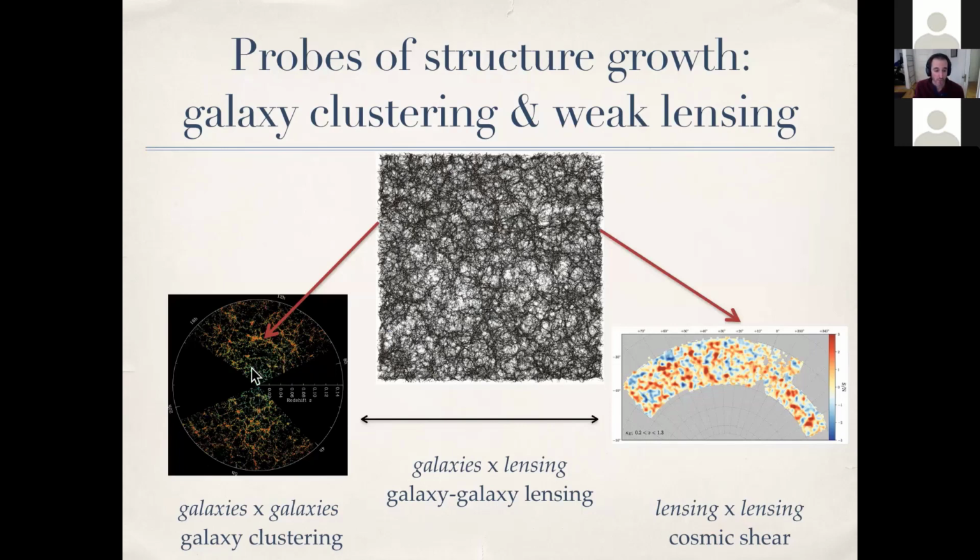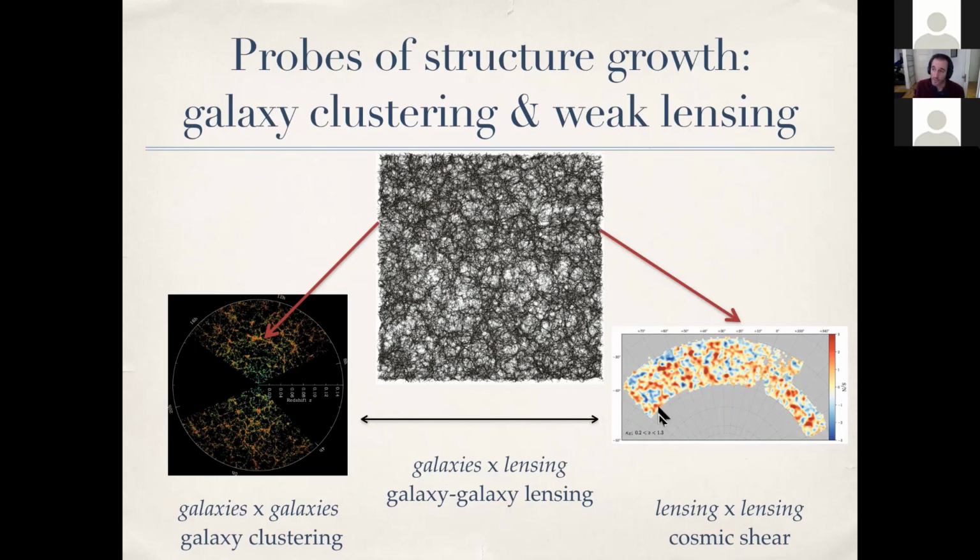The first one is the autocorrelation of galaxy positions. That's called galaxy clustering. The autocorrelation of galaxy ellipticities is called cosmic shear. And then the cross correlation between galaxy positions and galaxy ellipticities is something called galaxy-galaxy lensing.